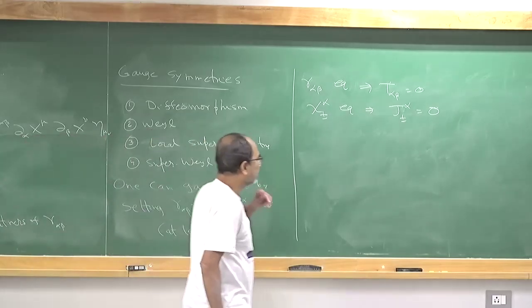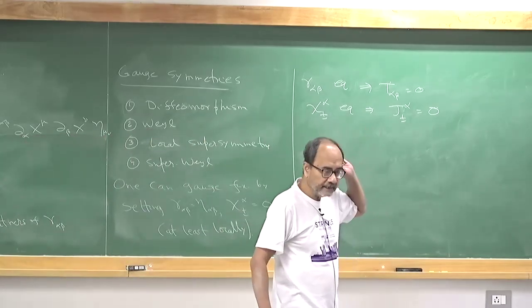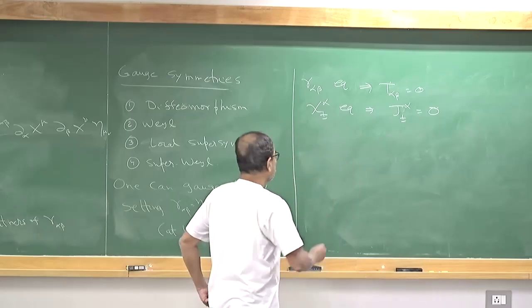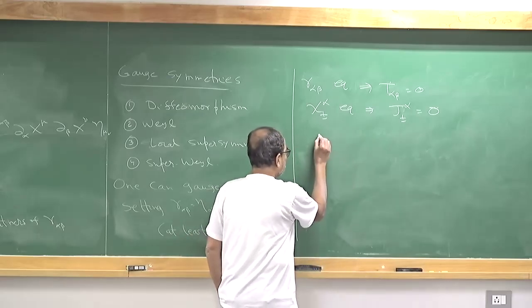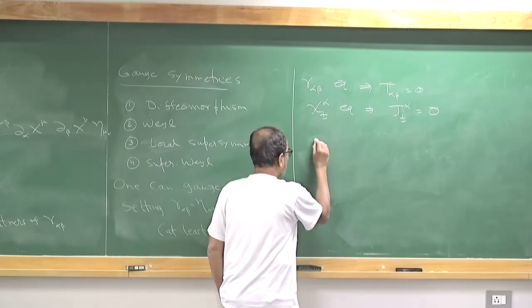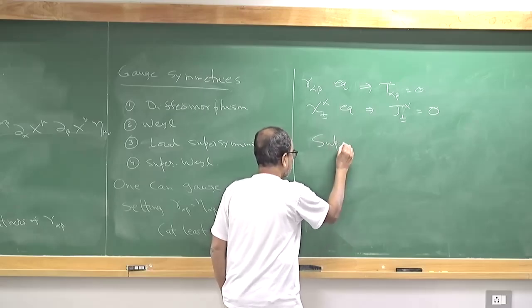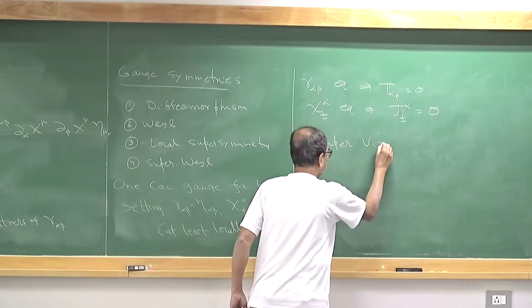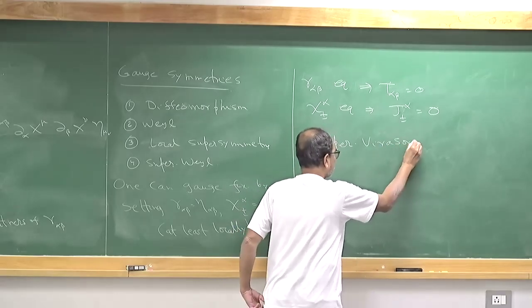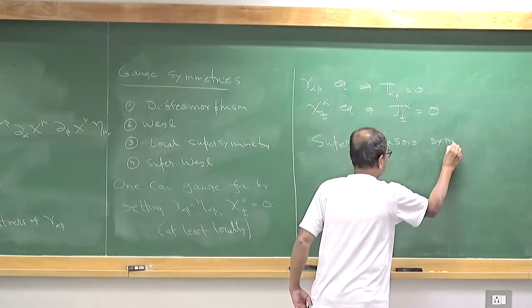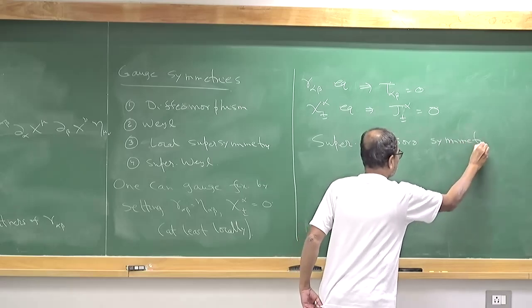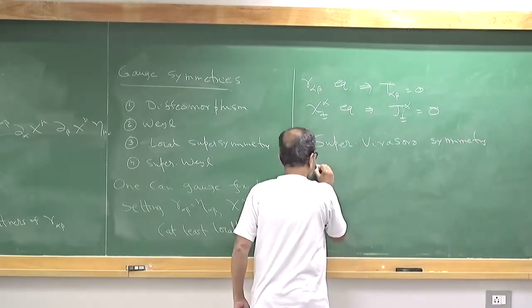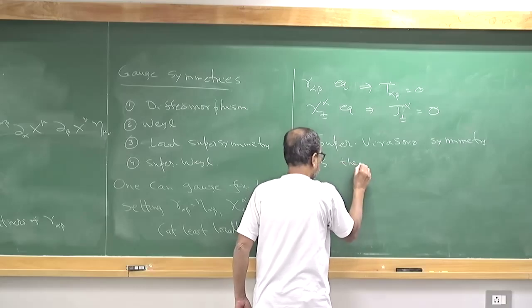Okay, and in this language, the super Virasoro symmetry is the residual gauge invariance.